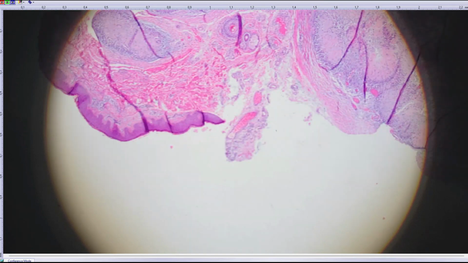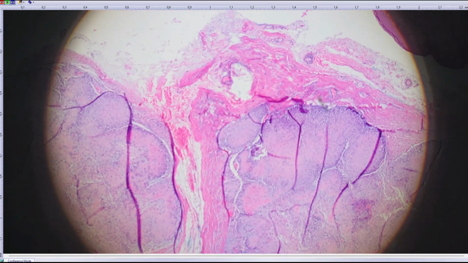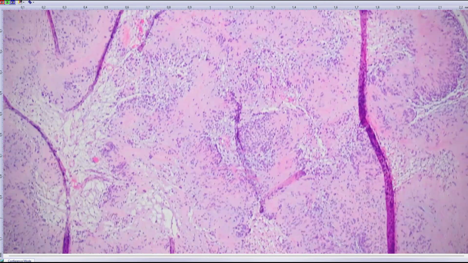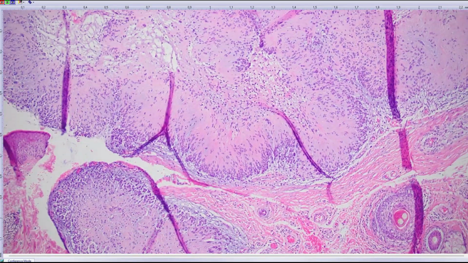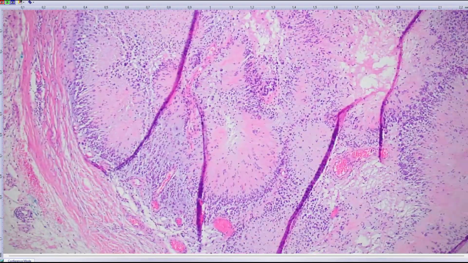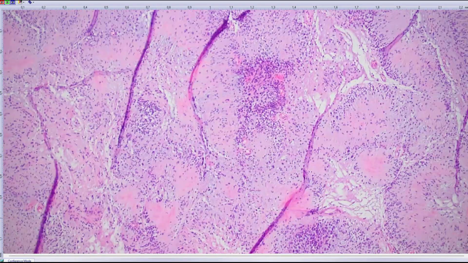Yeah, a soft tissue lesion of an older man. We have maybe 10 of such cases in our files.